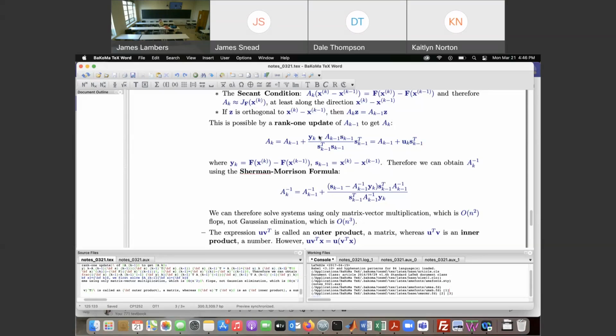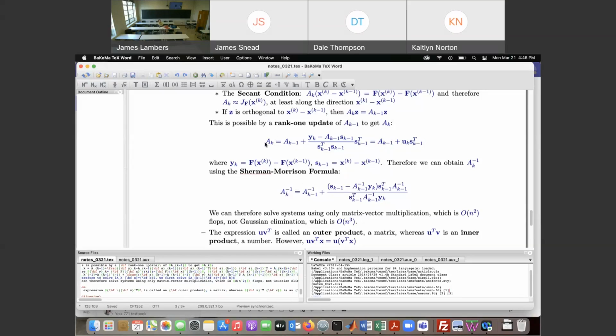So anytime you have a matrix that is a rank 1 update of another matrix, you can use what's called a Sherman-Morrison formula to express the inverse of the update in terms of the inverse of the original.